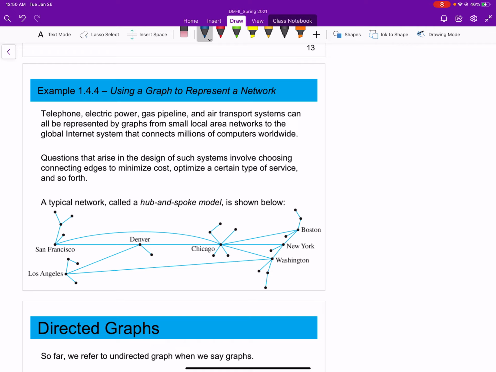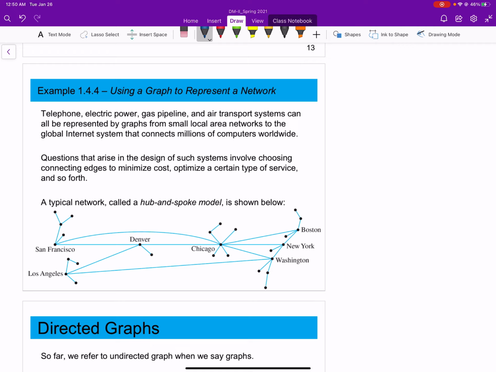Like I explained before, some computer networks, like social networks. Social networks are networks, those are graphs. So learning graph theory is very important for computer science students. Not only computer science students, but also for math students and other students, because our life is mostly about networks.